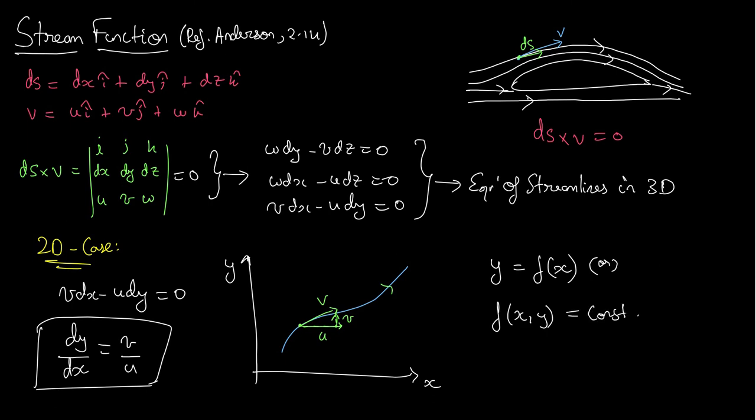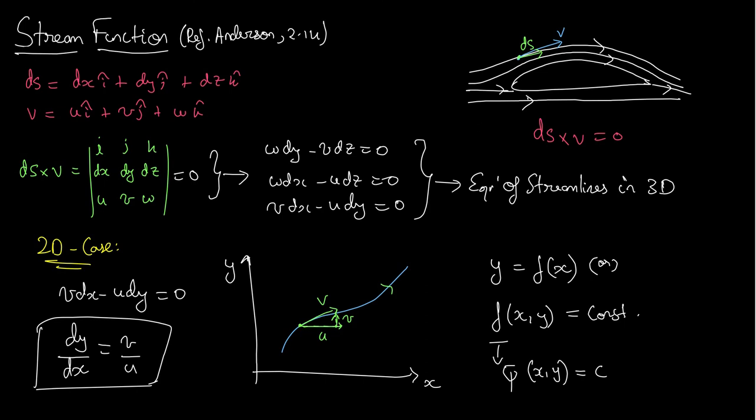I try to bring all the variables to one side, and I can say f of x comma y is a constant, and this f is what I call my psi. This is what we call the stream function, psi of x comma y equals a constant c. So the stream function describes the equation of a streamline.